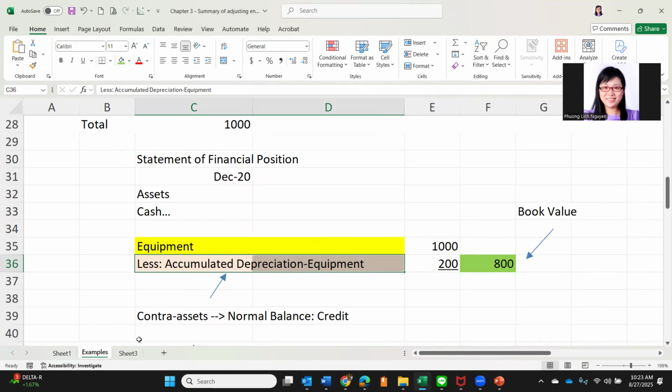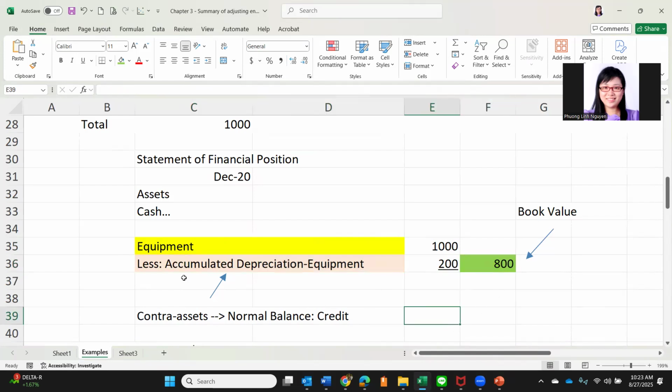So we call it contra assets account, and the normal balance is credit. The normal balance for accumulated depreciation will be credit. Why? Because it decreases the assets account. Equipment is an assets account, and it makes equipment go down to 800. So we call it contra assets account.